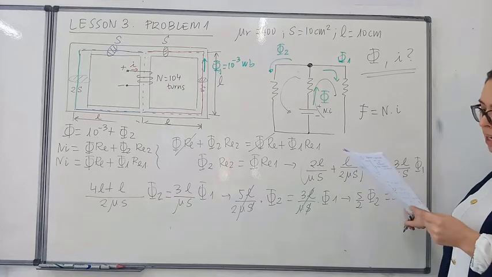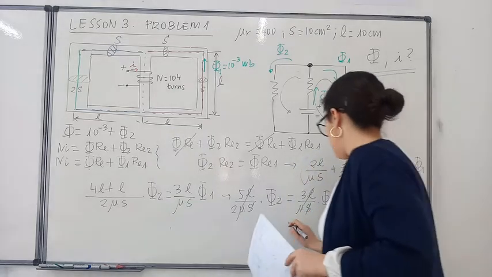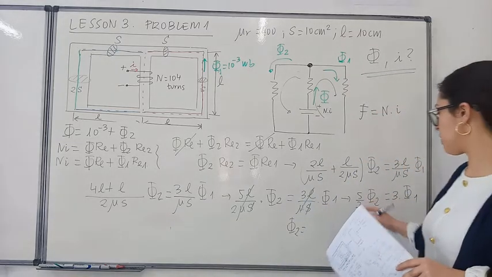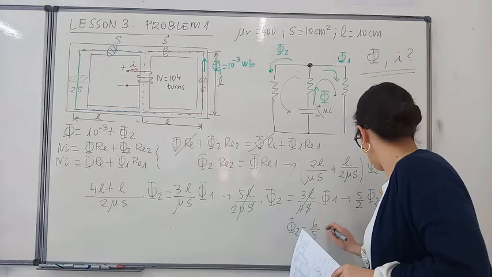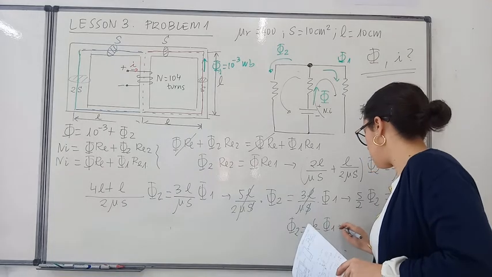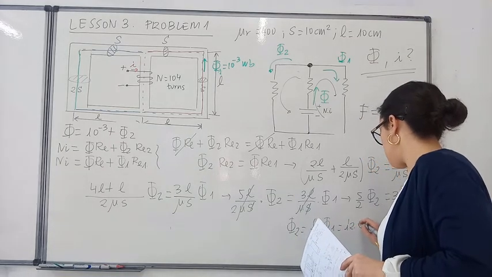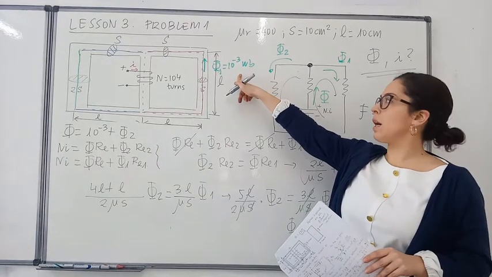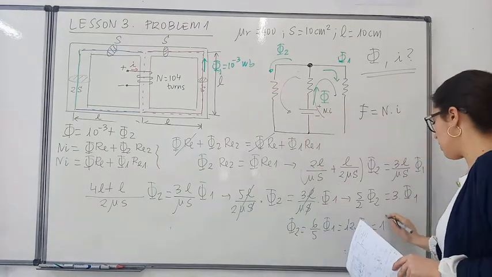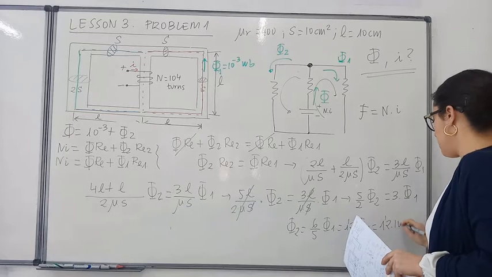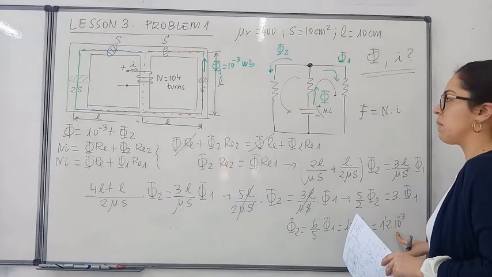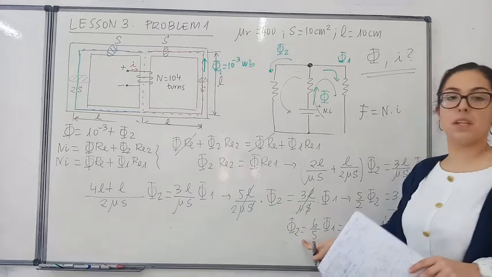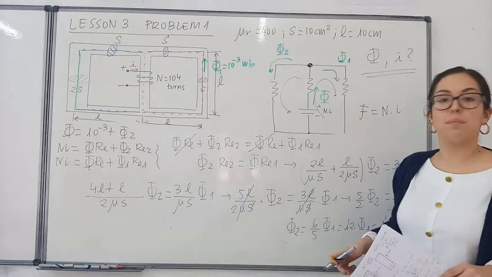So that means that phi2 is going to be 6 divided by 5 times phi1, which is 1.2 times phi1. As phi1 was 10 up to minus 3 Webers, there you have 1.2 multiplied by 10 up to minus 3 Webers. So this is the magnetic flux in the left branch.